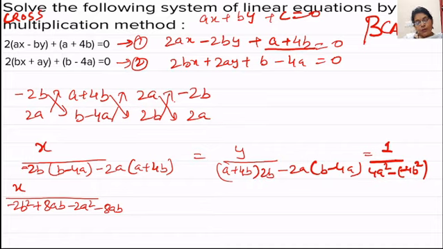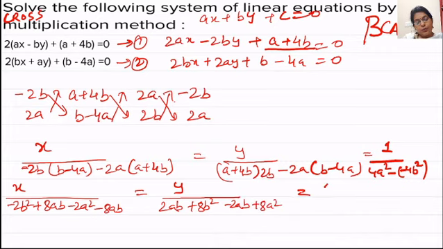This is what we have got for x. Now we will solve y. 2ab plus 8b square minus 2ab plus 8a square is equal to 1 upon 4a square plus 4b square.